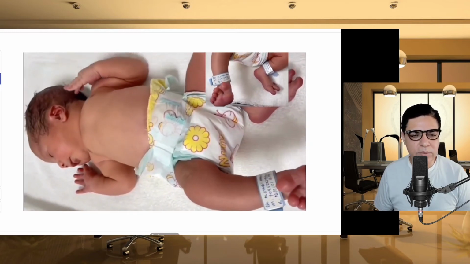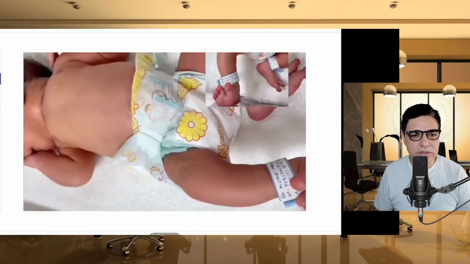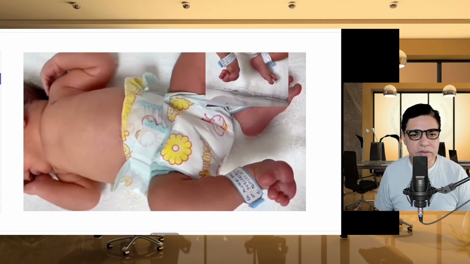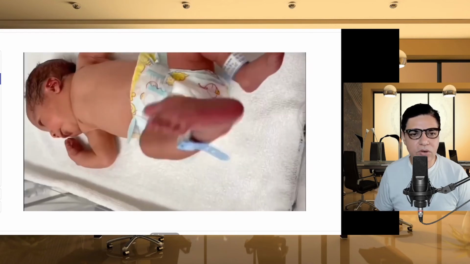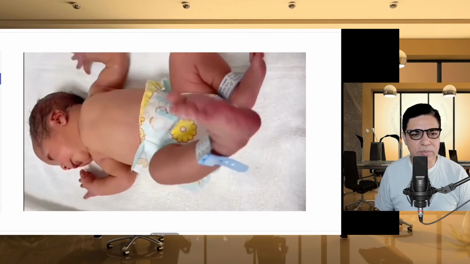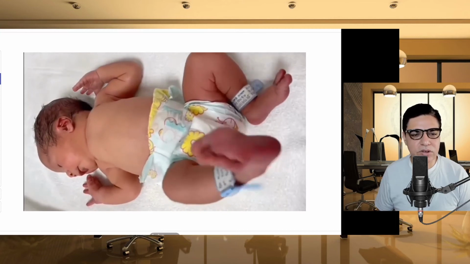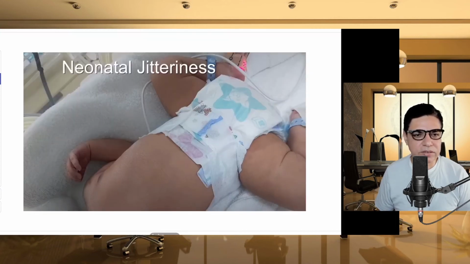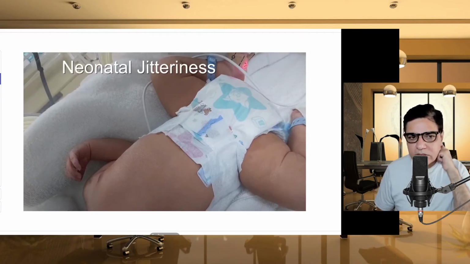If the baby is stimulated, they are gently trying to stimulate the baby, and then you will see that all of a sudden, yes, he starts having rapid, sustained, jerky movements of his right lower limb and maybe of the right upper limb as well, and that was jitteriness.